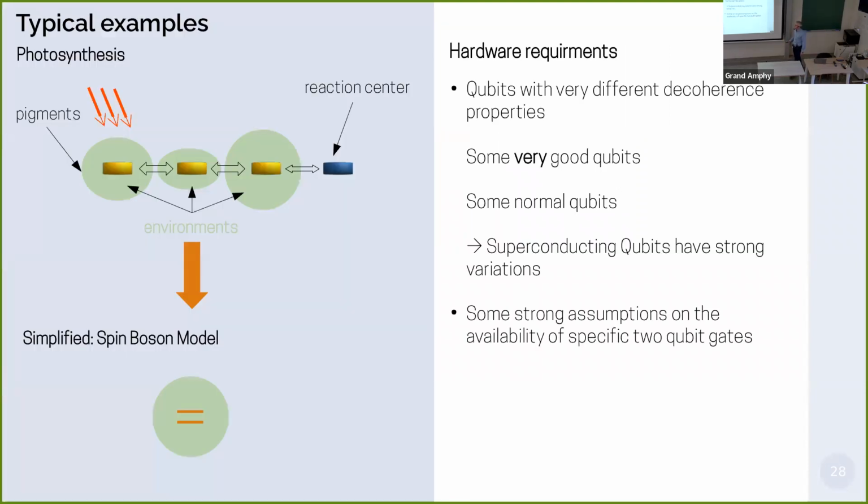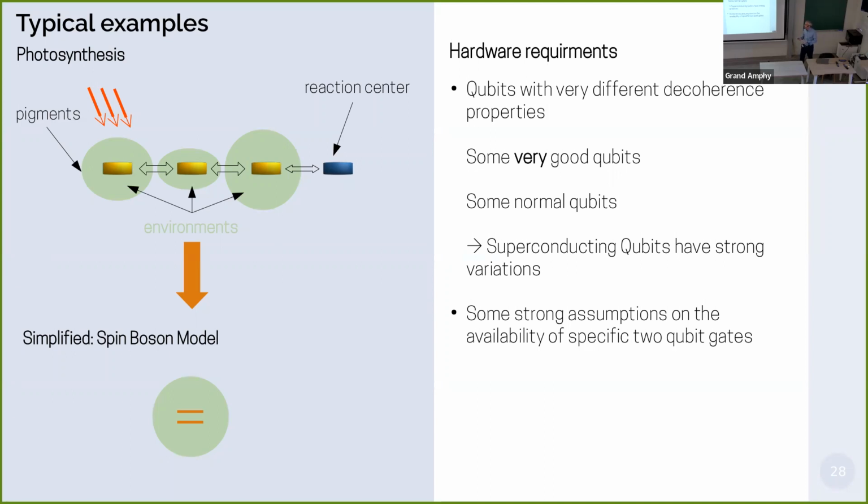So the type of examples that people considered in the past when they considered open system models are often related to photosynthesis, and coming out of this idea that photosynthesis is an interesting topic to study, organic solar cells.